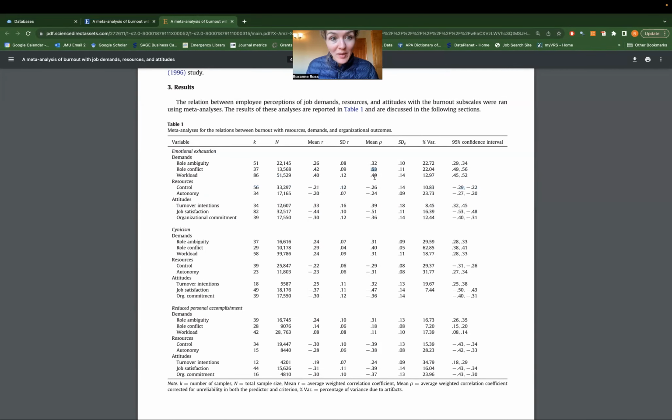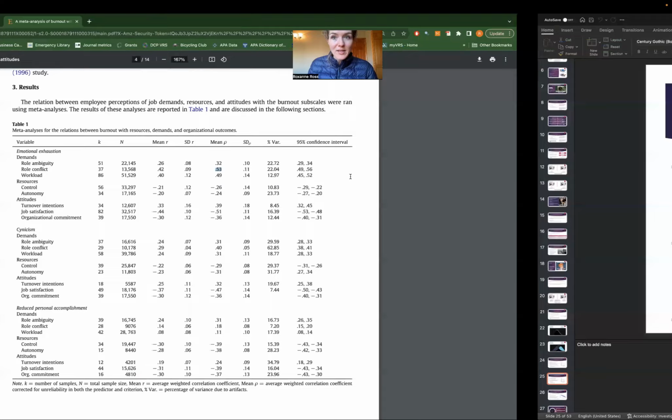So it's a little bit bigger than workload, but those are pretty close to one another. I would say that the 2 strongest predictors of emotional exhaustion are workload and role conflict. And that would be how I would start to answer that research question.